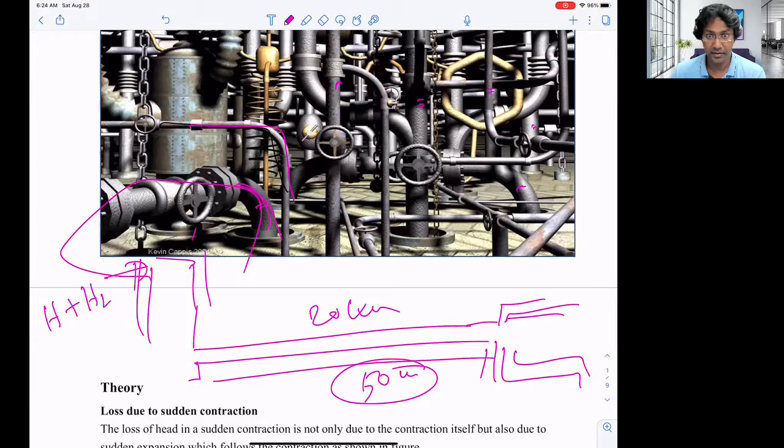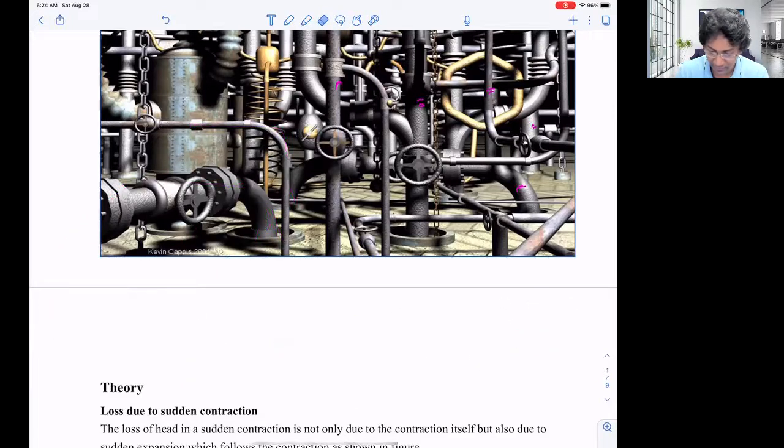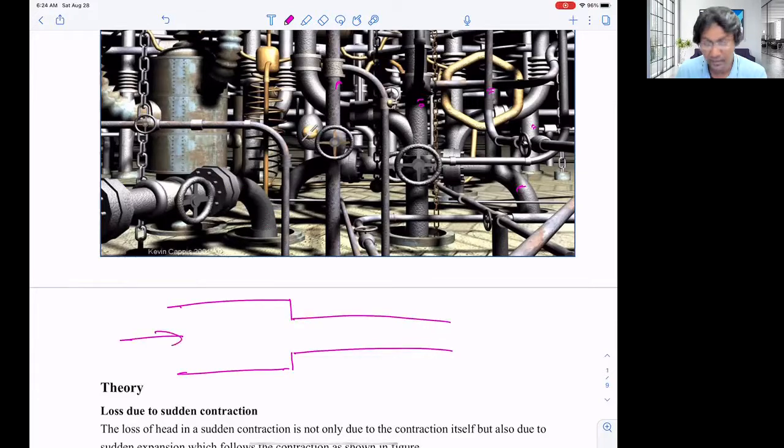So in this experiment, we have a specific setup. Let me quickly discuss that we have a pipe with a contraction. We have a bigger diameter pipe and a contracted pipe, and flow is from left to right with Q.